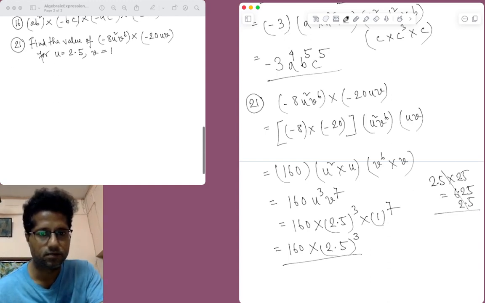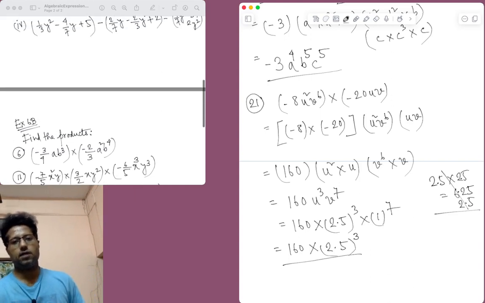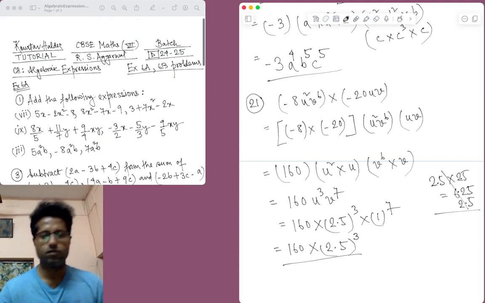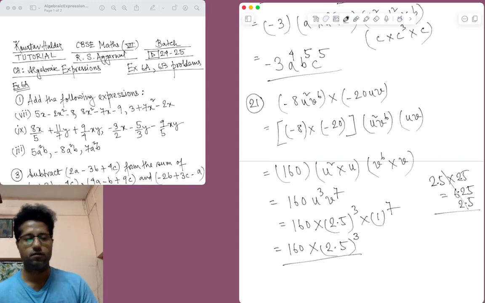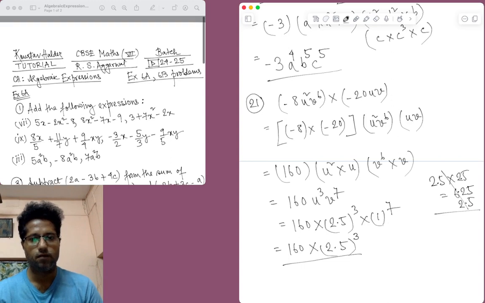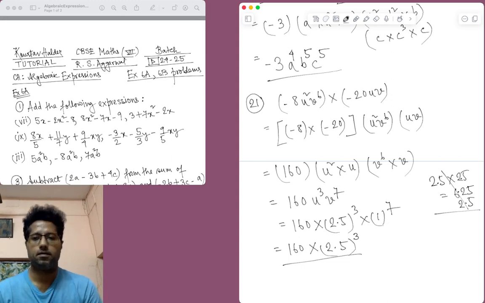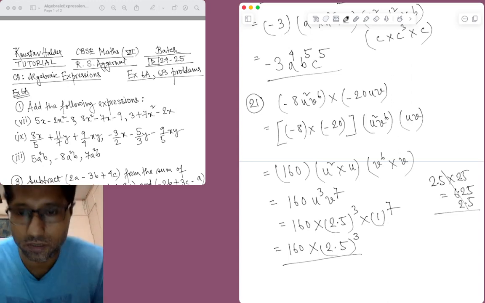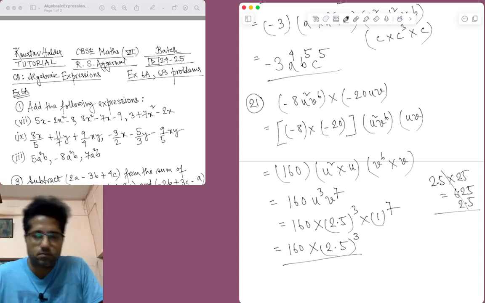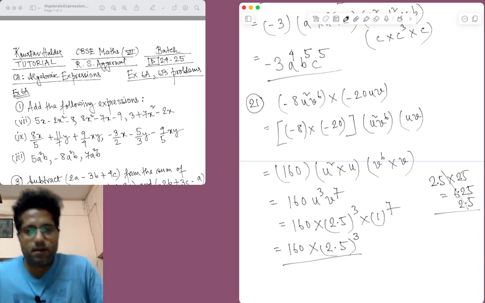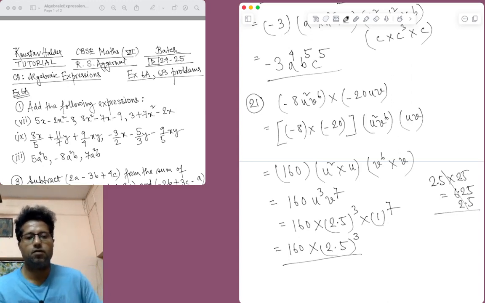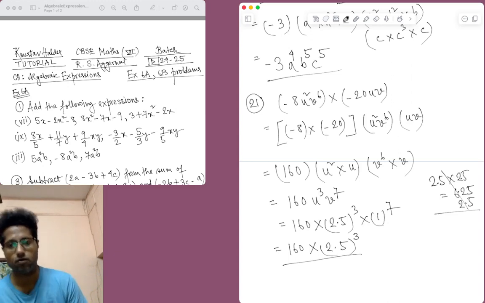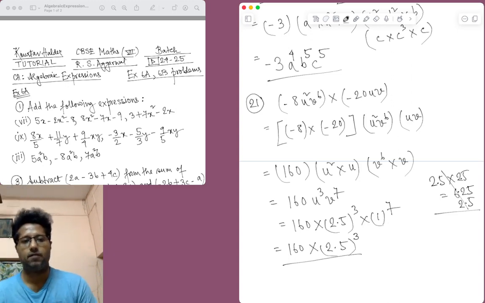Okay. What else is there? Oh, this was it. So I hope that this set of problems will give you a good practice. These are problems from the textbook of author R.S. Aggarwal only, and I hope you have understood how we are applying the laws of exponents on the literals, that is x to the power m multiplied by x to the power n, and how we are finding the product of the literal coefficients, and finally how we are finding the product of two terms.